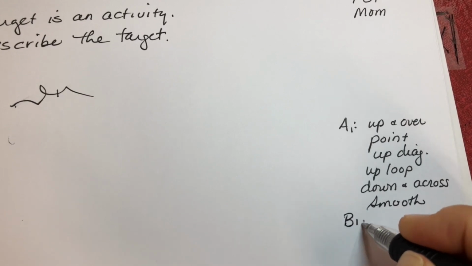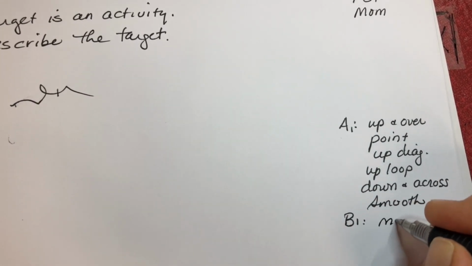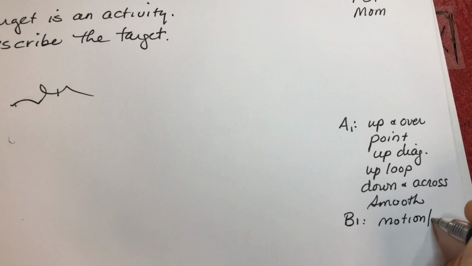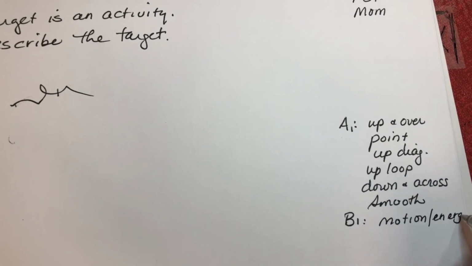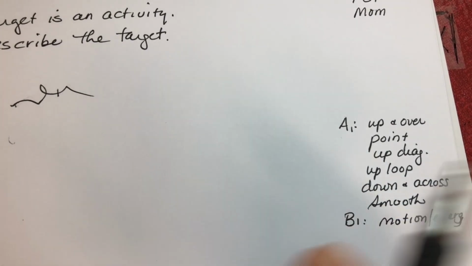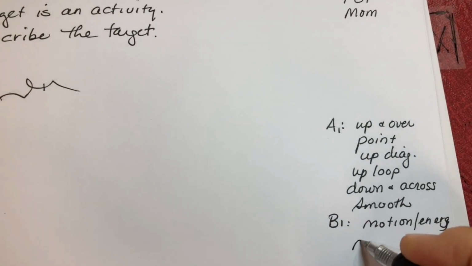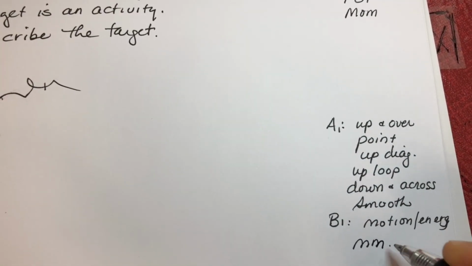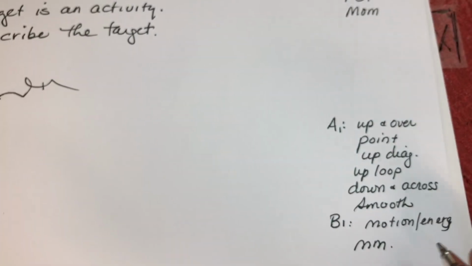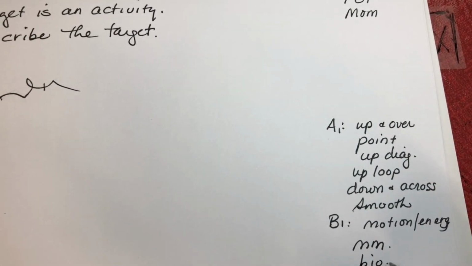B1, that's my ideogram for motion energy. Sorry, I went off the page there. Motion energy here, and this is man-made, and this is biological. Okay, A2.